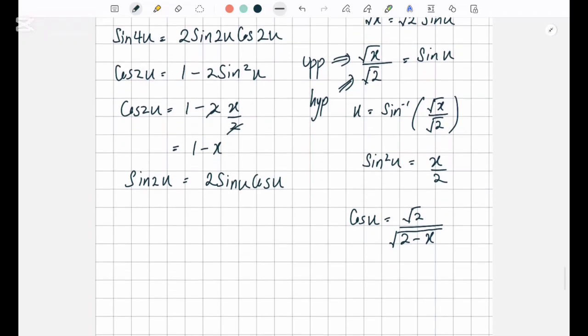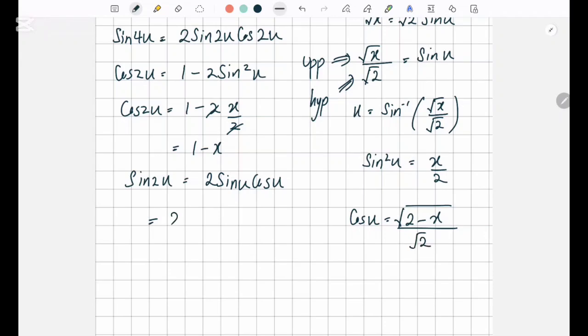So now, hold on a minute, I think I made another mistake. It should be the other way around, because cos is adjacent over hypotenuse, right? So it's 2 minus x in a root, and you have root 2.